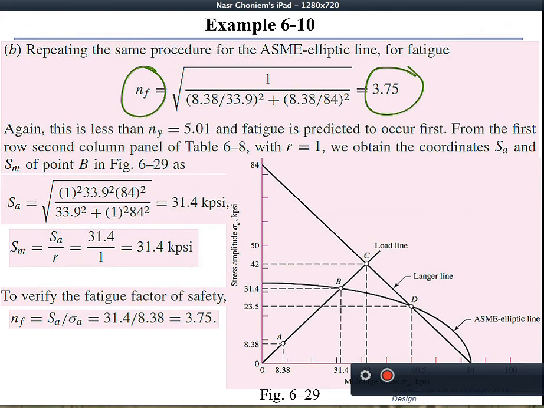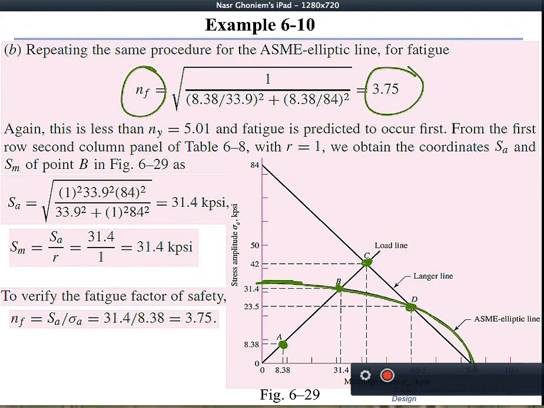It's slightly different, 3.75, and you can also represent it graphically, where the ASME is elliptic, and then you have these 4 points. This is the load point, this is the load line versus fatigue line, this is load line versus Langer line, this is Langer line versus ASME point, and we have the equations to solve and determine the factor of safety.